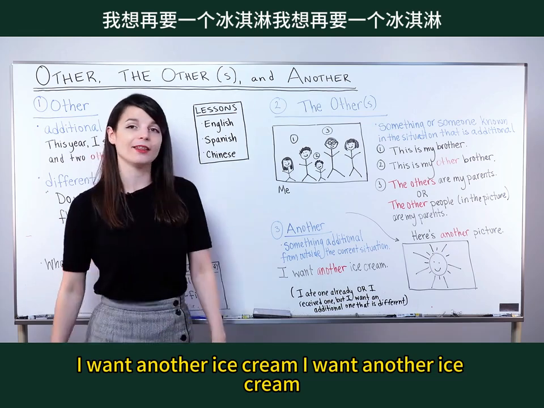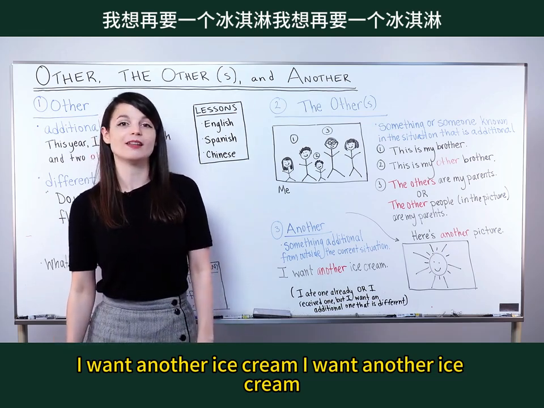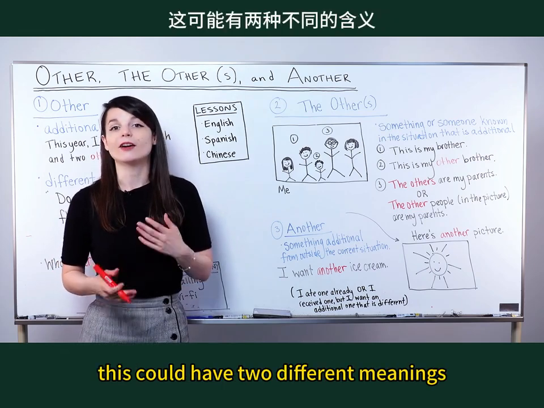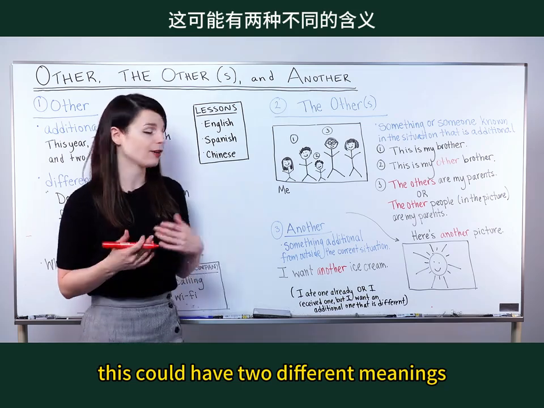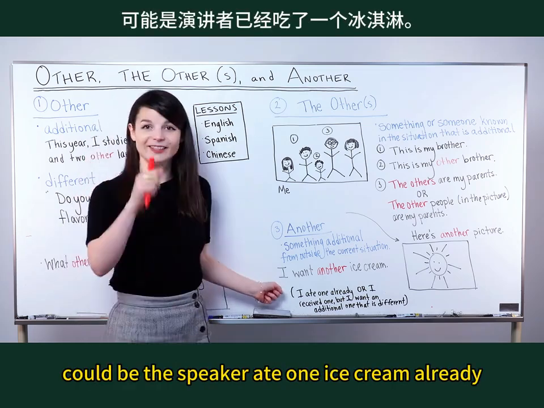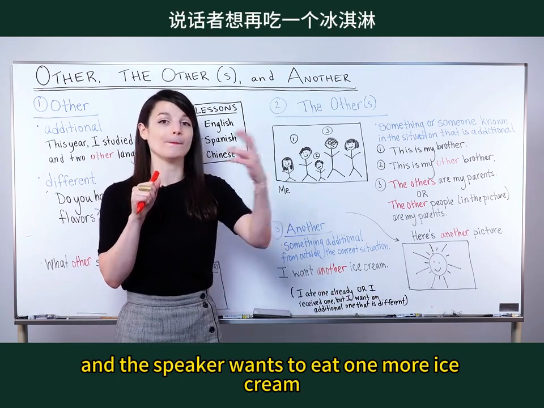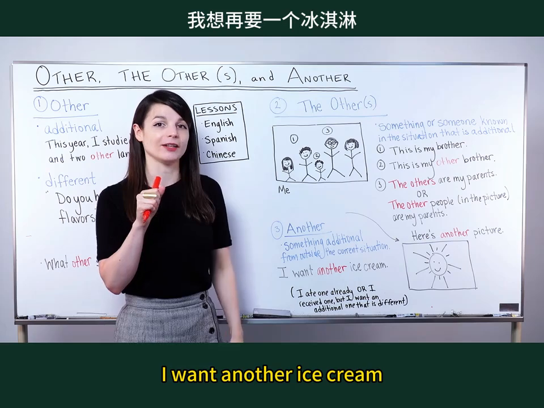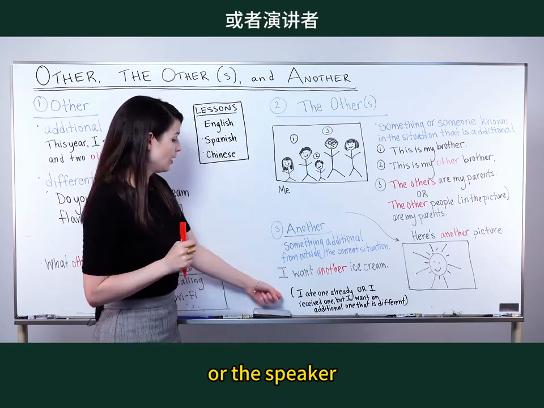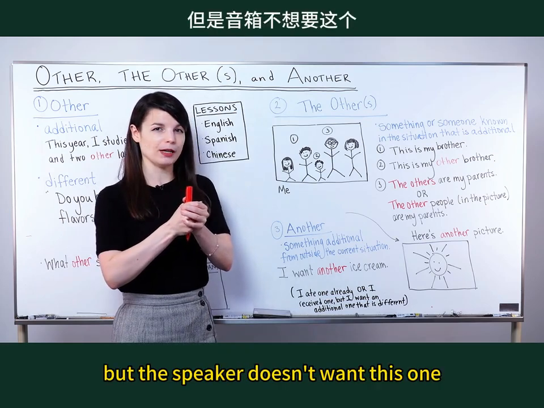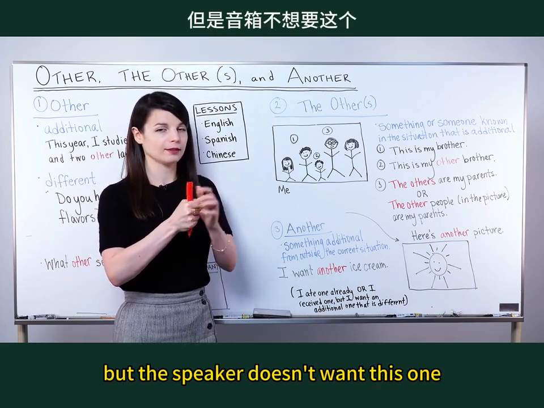One more example is this sentence. I want another ice cream. Depending on the situation, this could have two different meanings. The first could be the speaker ate one ice cream already, and the speaker wants to eat one more ice cream. I want another ice cream. Or the speaker received an ice cream, but the speaker doesn't want this one.